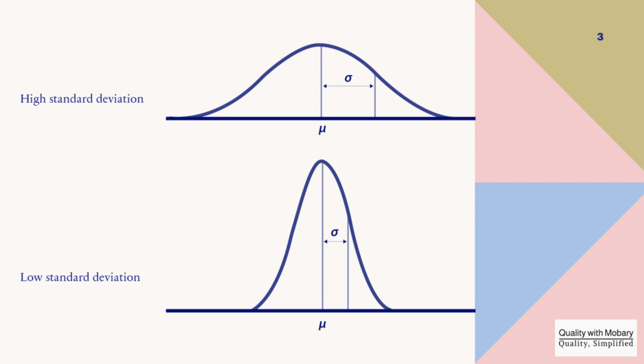On the other hand, we have the low standard deviation, which is the one down below here, which is, you can see the mu, you can see the sigma sign. This means that the data is clustered or it's close together around the mean, right?